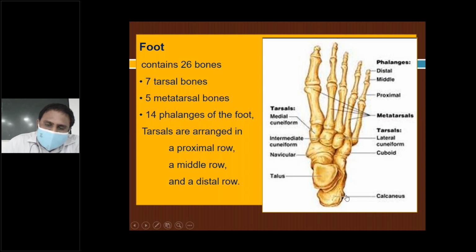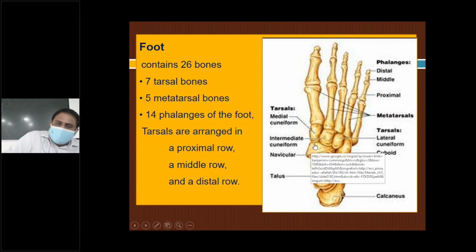Proximal row: talus and calcaneus. Middle row: navicular and cuboid. Distal row consists of part of the cuboid and 3 cuneiforms: medial, intermediate, and lateral cuneiform. Again, the foot can be divided into 3 zones.